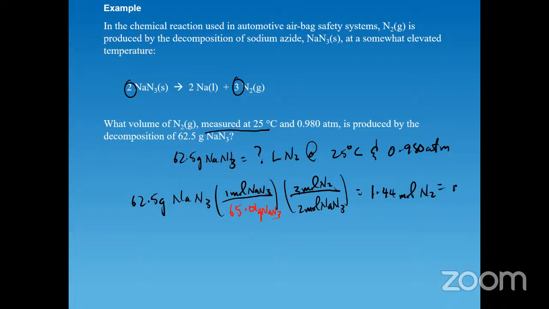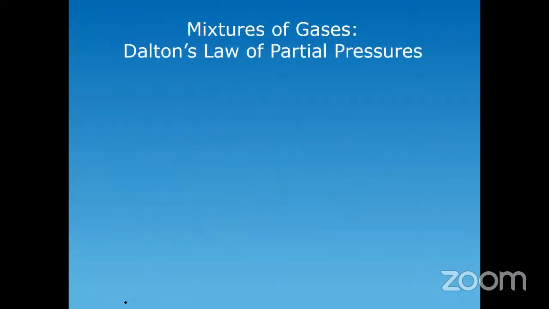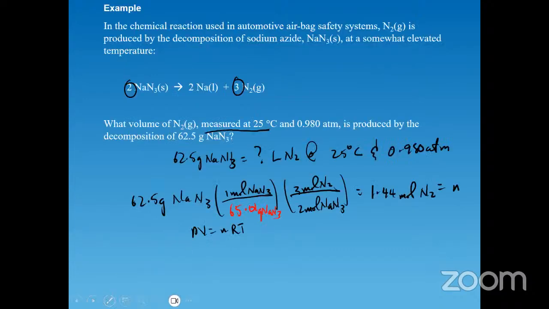And that would be the n in the ideal gas equation, which we're all familiar with. Remember, the ideal gas equation is PV equals nRT, right? Now, what the question is asking for is the volume. It's asking for V, right?